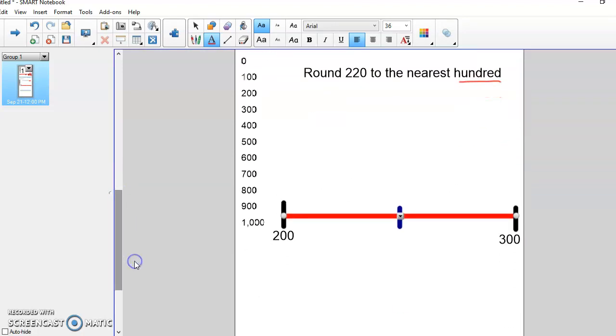Now, to get from 200 to 300, it's not 10 jumps, because if it's 10 jumps, it'd be 201, 202, 203, 204, 205, 206, 207, 208, 209, 210. That would be 10 jumps, but I would only get to 210. I have to get to 300. So I'm going to think about how many spaces or how many numbers are in between 200 to 300.